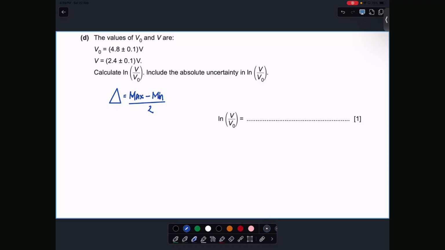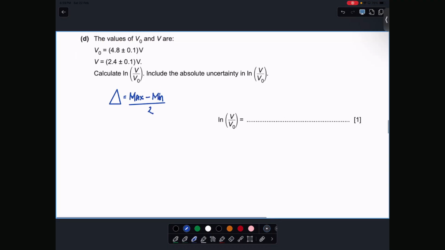Yes, 0.06, all right. So how can I find the natural logarithm of v by v naught, maximum possible value? Do you know how logarithm values are influenced by what's inside the bracket? The higher the value, the higher the log.